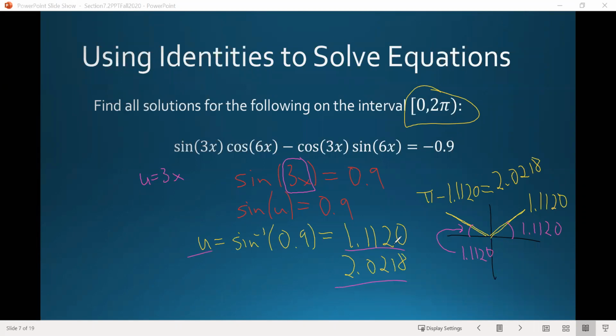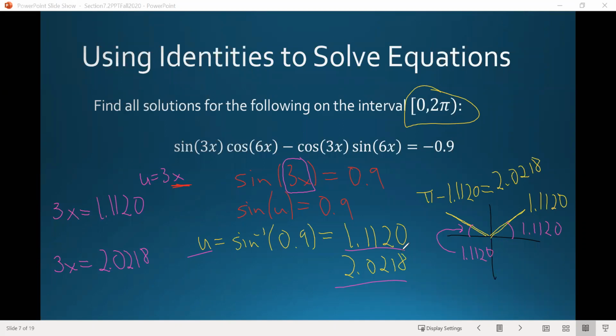But remember, we're not solving for U, we're solving for x from up here. Since these are answers for U, we can now set up an equation where each of those is equal to 3x. So 3x equals 1.1120 and 3x equals 2.0218.